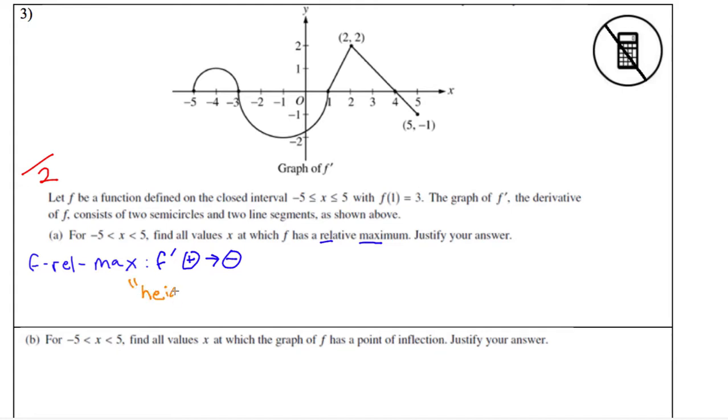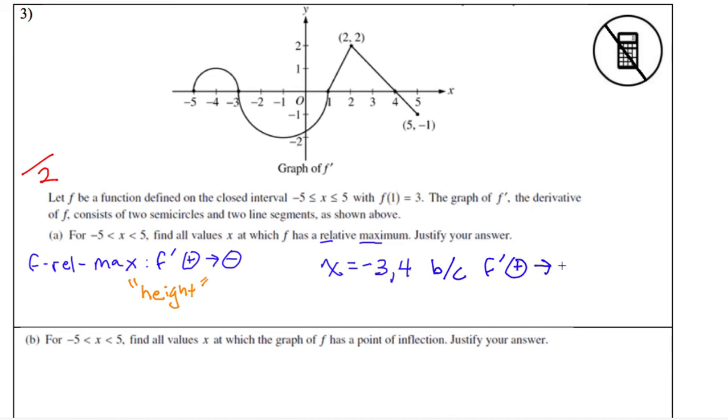I said g prime. Height. So where does height go from a positive to a negative? It goes from positive to negative there, negative to a positive there, so not there, and positive to a negative here. So there are two values, and those two values are x equals -3 and x equals 4, and you need to justify. So your justification is because f prime went from a positive to a negative.